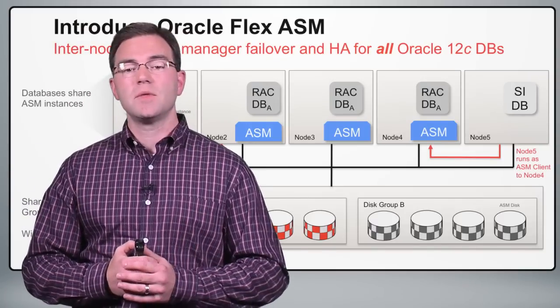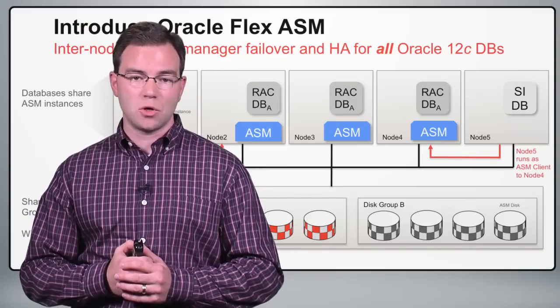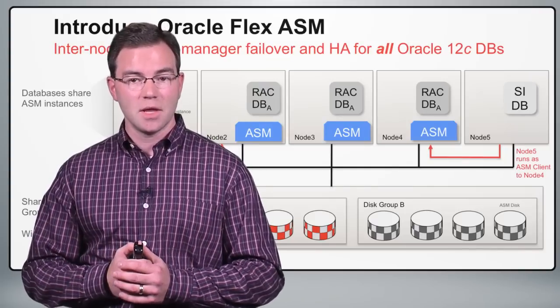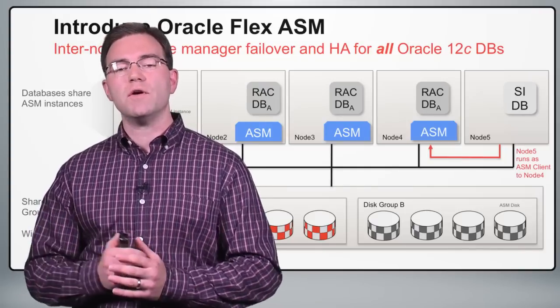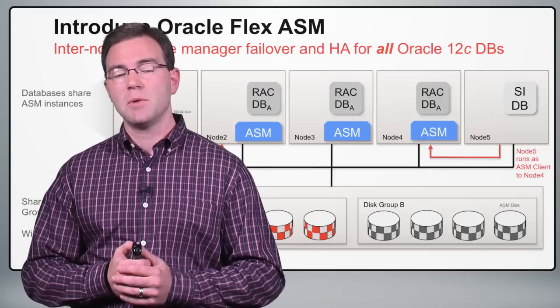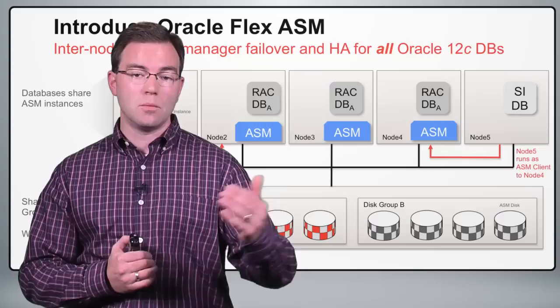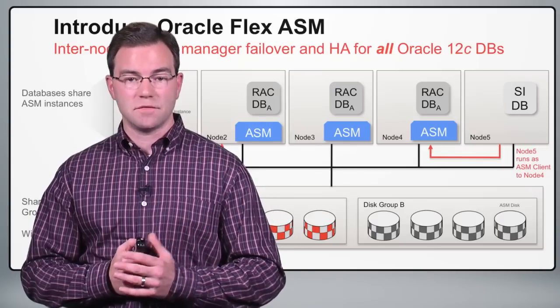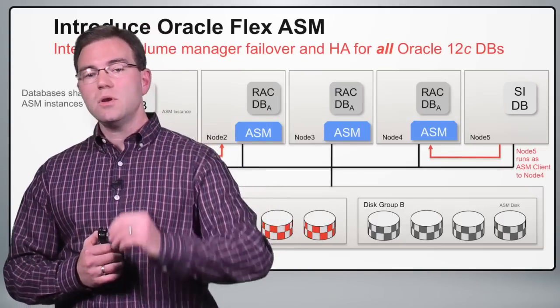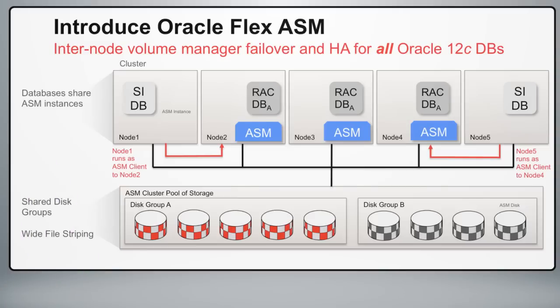For that matter, there are other videos as part of this program that will explain Oracle Flex ASM in greater detail. Here I will just give you a brief overview, and that assumes a certain familiarity with Oracle ASM, which again you may gain from following some of the other videos available in this program. However, if you look at this picture in the background, you will see that I have set up 5 nodes.